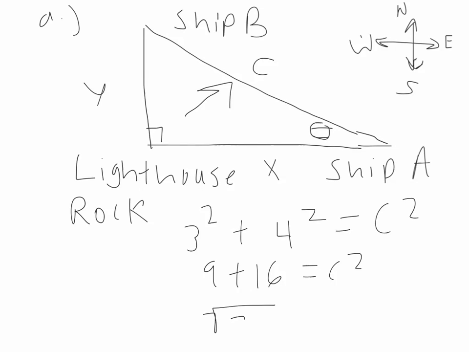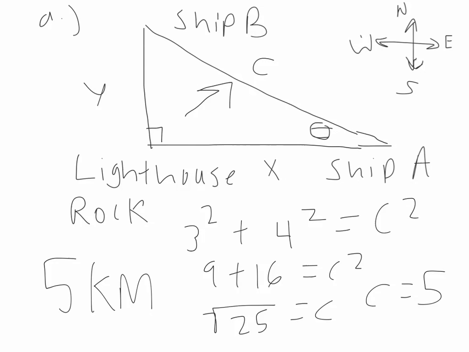Square root of 25 equals C equals 5. So the distance between Ship A and Ship B is 5, and you want to make sure to use units. The unit is kilometers, as stated in the problem. So that is your answer.